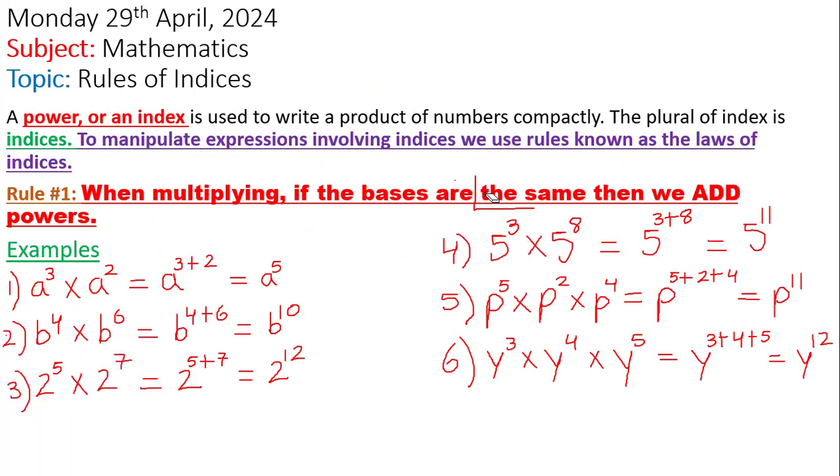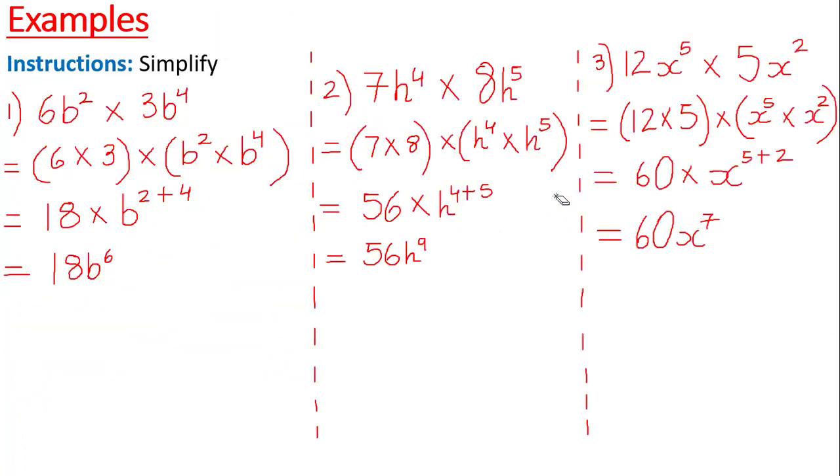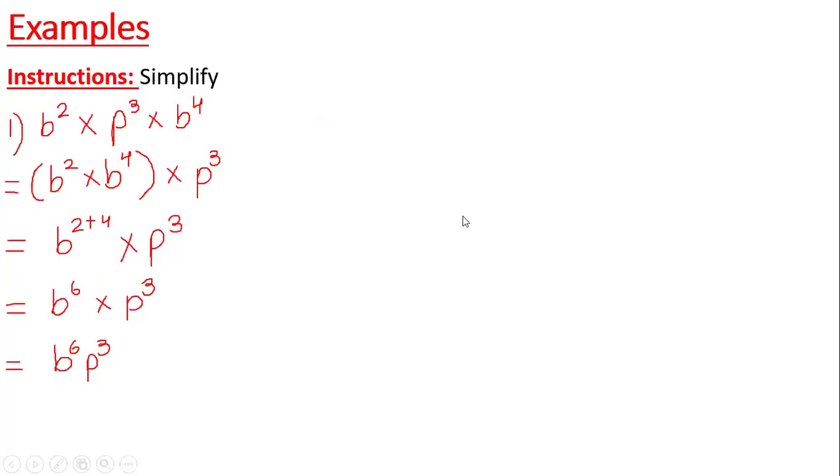It only works if the bases are the same. But if we look here, the bases are not the same. This is b and this is p. So the only thing we're gonna do here is write b to the 6, p to the 3, and that's it. Understand that, Reagan? Yes, sir.